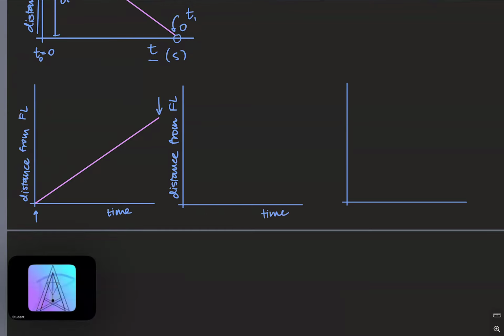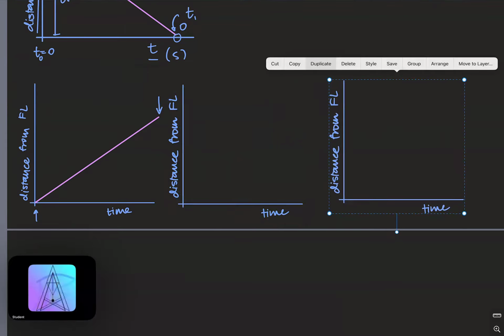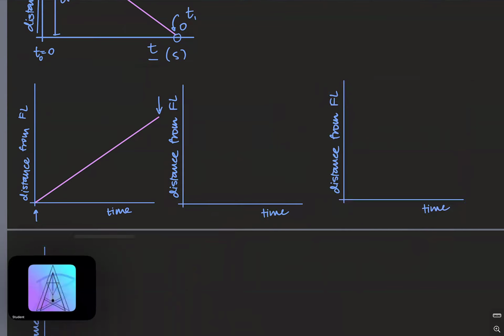Let's actually make a copy of this with the axes labeled. Okay, perfect. So this time, this graph is not linear. It goes something like this.